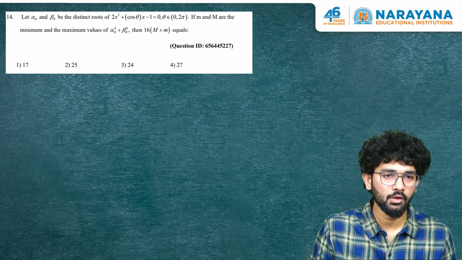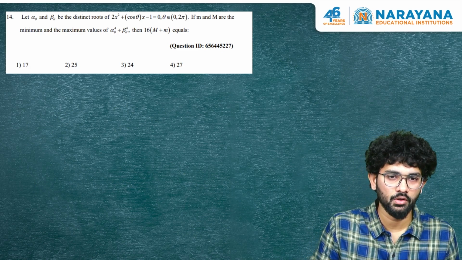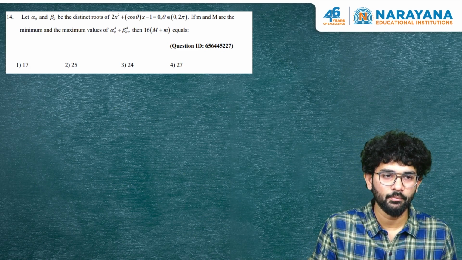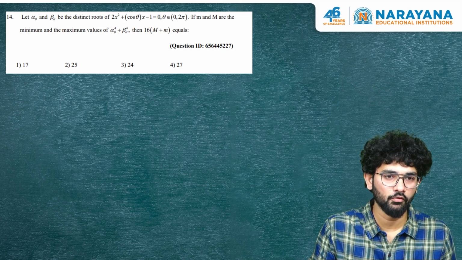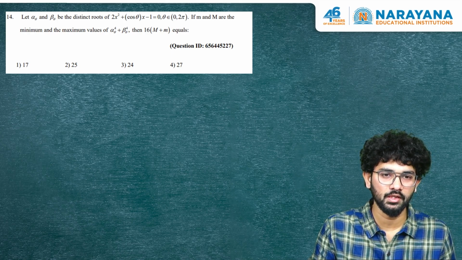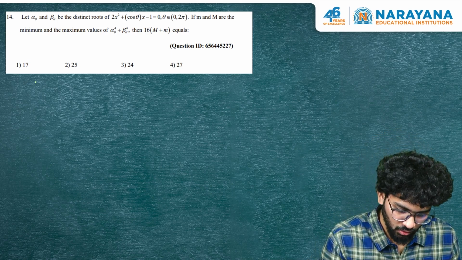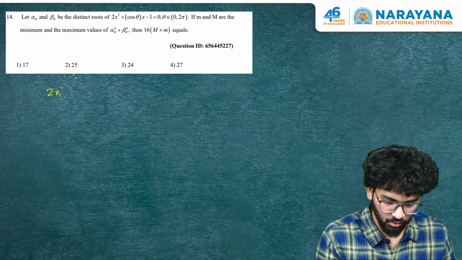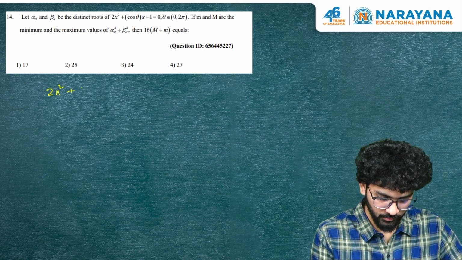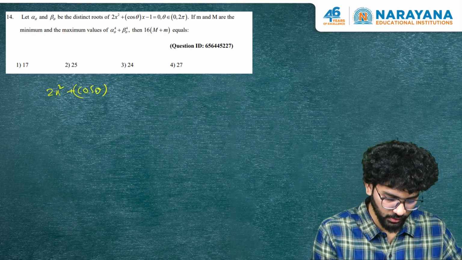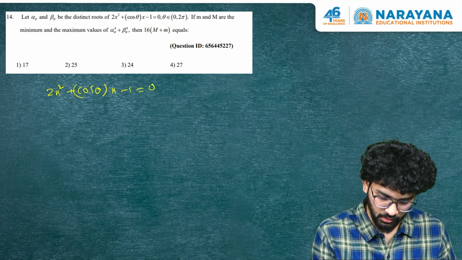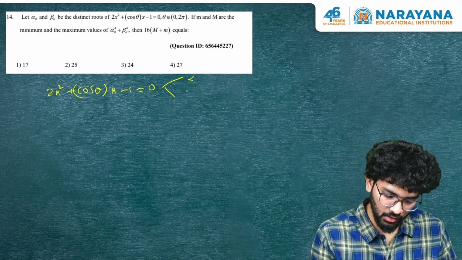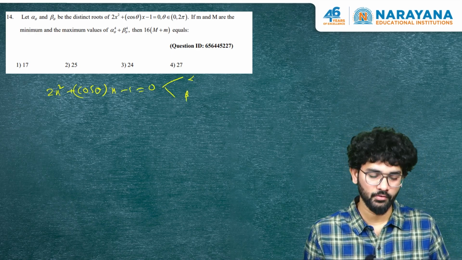If alpha theta and beta theta are distinct roots of the given quadratic, and m and M are the minimum and maximum values of alpha power 4 plus beta power 4, then find 16 times of m plus M. So I take this quadratic, 2x square plus cos theta into x minus 1 equal to 0, whose roots are alpha and beta, which are in terms of theta obviously.